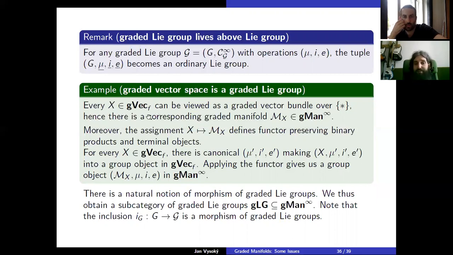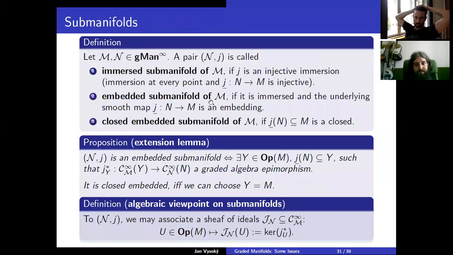I can take any F, which stands for a finite dimensional real graded vector space. It can be viewed as a graded vector bundle over a point. And there is a corresponding graded manifold using this general construction.